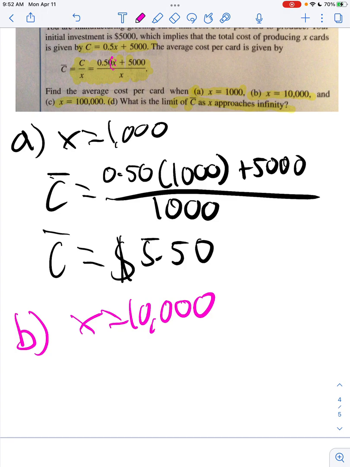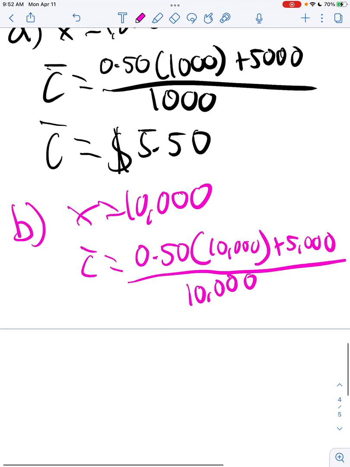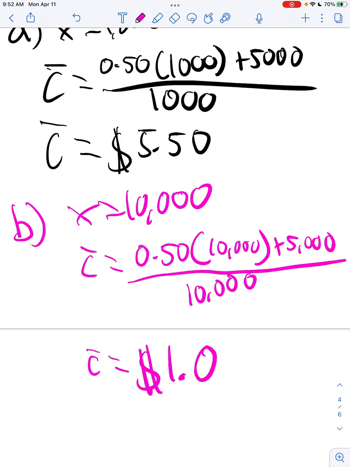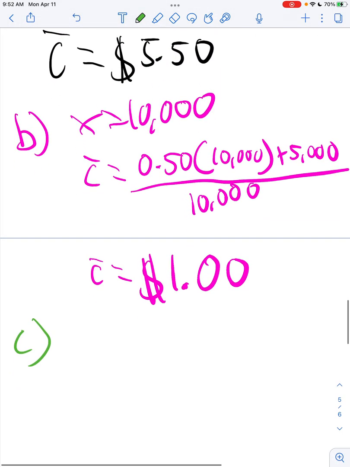So again, just plugging it in right here, the average cost is going to be 0.50 times 10,000 plus my initial cost all over 10,000. And that's going to give me an average cost of $1, once you simplify it.